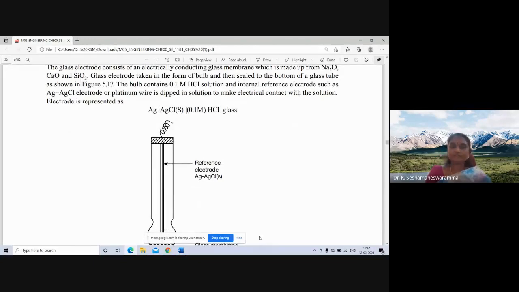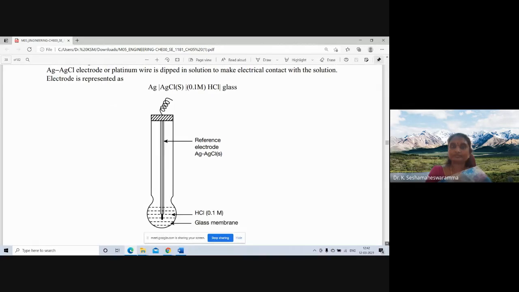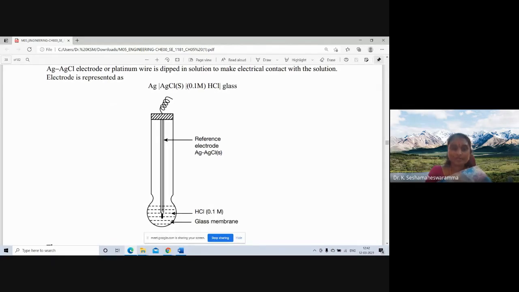We represent the electrode as silver chloride solid, 0.1 M HCl / glass electrode.